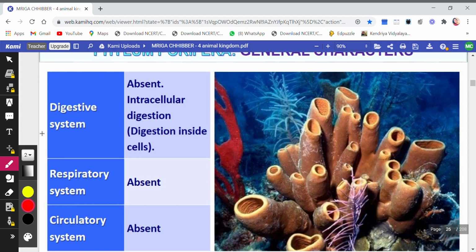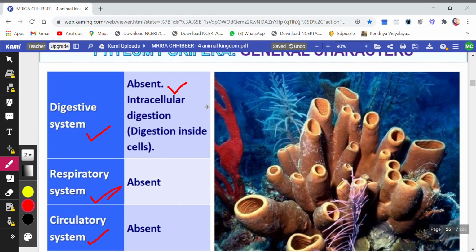So the digestive system here is absent. They don't have a special system because the organism is made up of few cells only. It is a cellular level, so of course they will not have any type of system. Understood? So the digestive system is absent. There is intracellular digestion, that is digestion inside the cells.